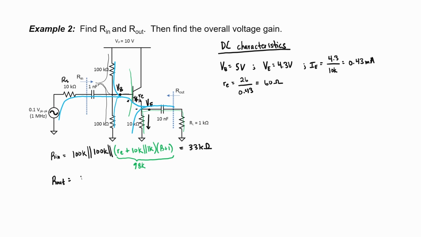So we start off with the 10 kiloohm branch, and that's in parallel with the emitter resistance in series with three resistors that I have to impedance reflect. Two 100 kiloohm resistors and a source resistance of 10 kiloohms. This term works out to be about 83 ohms.